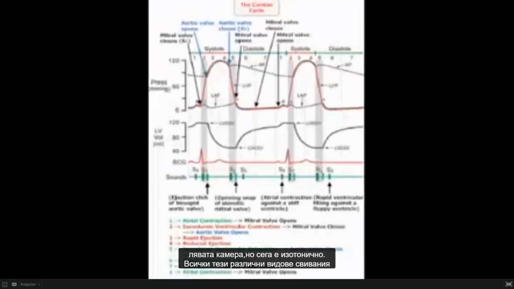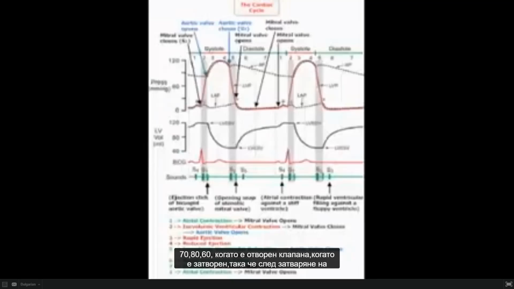All these different kinds of contraction inside the left chamber wall, isotonic and isometric, have different levels. And actually this chart gives you the measurements inside. When it starts it's like 70, 80, 60, when the valve is open, when the valve is closed.